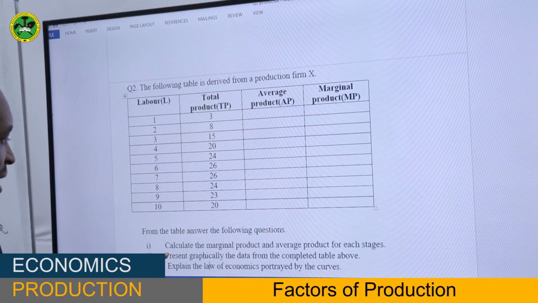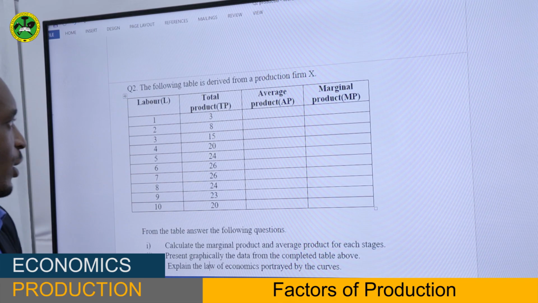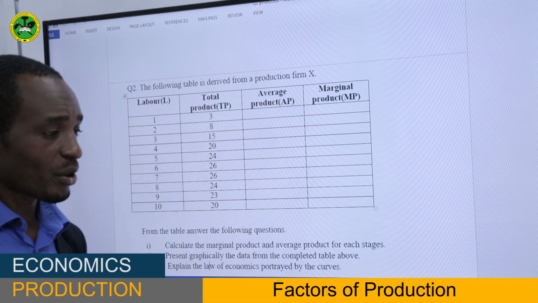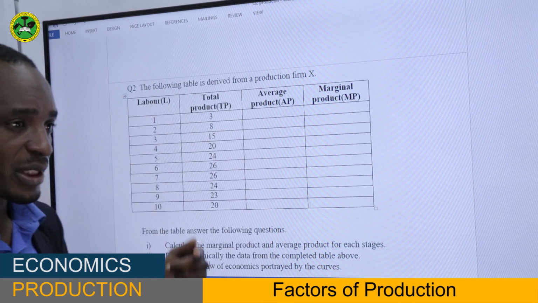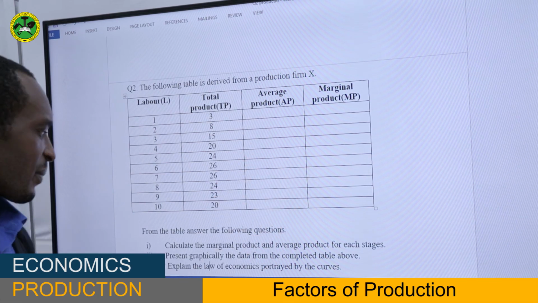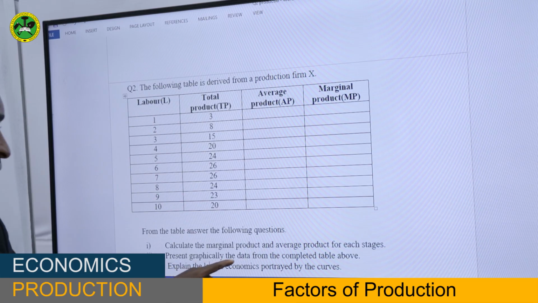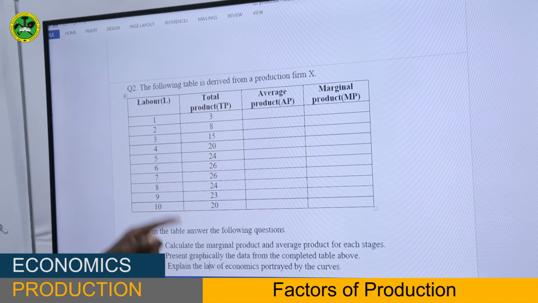For instance, case 1, you are asked to calculate the marginal product and the average product for each stage. So stage 1, I think you know, starts from when labor is 0 up to when marginal product is equal to average product. Then after finding that information, you need to present the data from the table graphically.